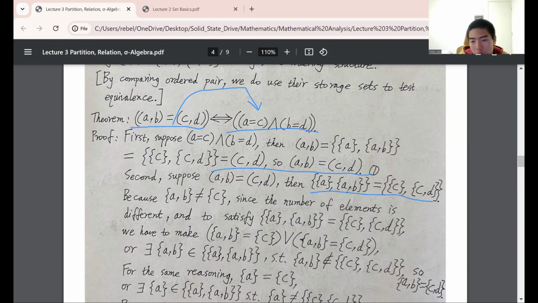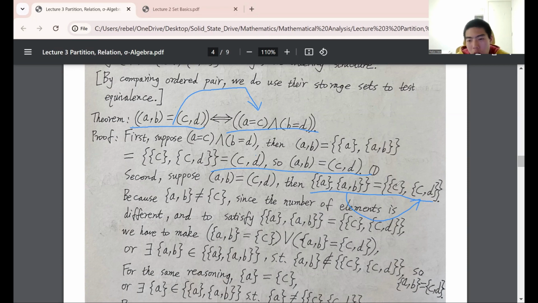So first we say if {A, B} is equal to {C}, is it possible? No, because it has two elements and the other has one element. So if B equals C, then A is not in {C}. If A is in {C}, then B is not in {C}. So in every case, {A, B} cannot equal {C}. So there's only one possibility: {A, B} is equal to {C, D}, right?